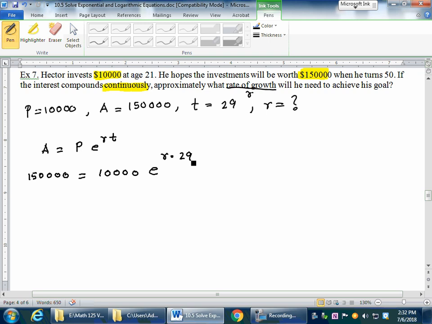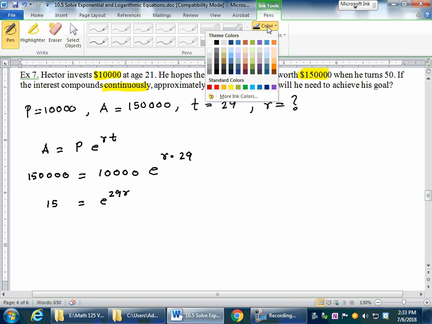To solve an exponential equation, first we check, can we rewrite it into the same base or not? In this case, there's no way I will be able to write it into base e. So therefore, I need to use ln. But before I use ln, I need to divide both sides by 10,000. So that gives me 15 is equal to e to the 29r.